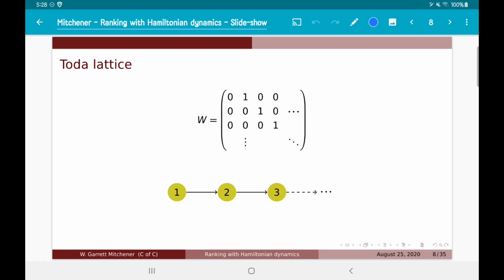Basically, if you line up the items in just a plain old chain where there's an item on the left and then an item immediately to its right and one item immediately to its right, you get a band diagonal matrix for the comparison matrix with ones on the one diagonal above the main diagonal.